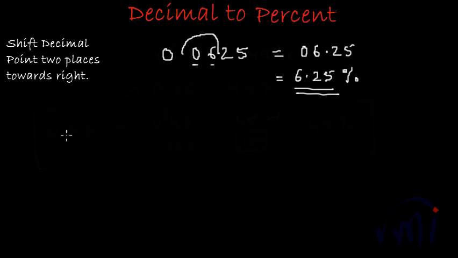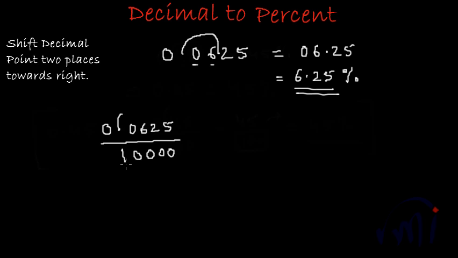First principle is: percent is actually the numerator of a fraction whose denominator is 100. So here we had 0.0625, which we were supposed to convert into percentage. If I convert it into a fraction, it will be 1, and then we will have 4 zeros, right?